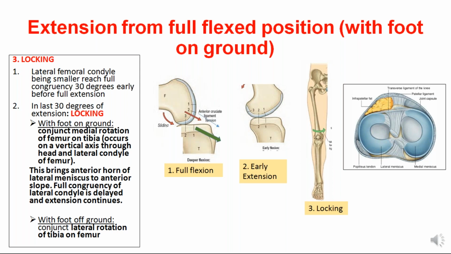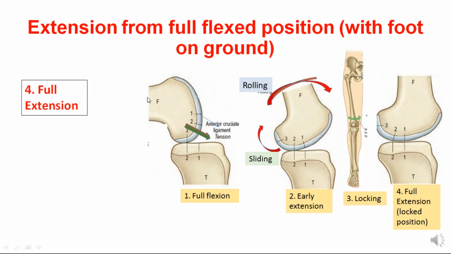So finally, the full extension can take place after the locking mechanism. The locking mechanism takes place in the last 30 degrees of extension and involves the medial rotation of the femur on the tibia. Now let's revise the extension process from a full flexed position.